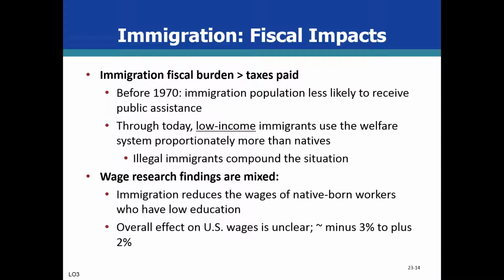I'm talking about legal immigration. That the fiscal burden, the education system, the health system, the welfare system that is used, that burden is greater than the taxes that are paid by legal immigrants.